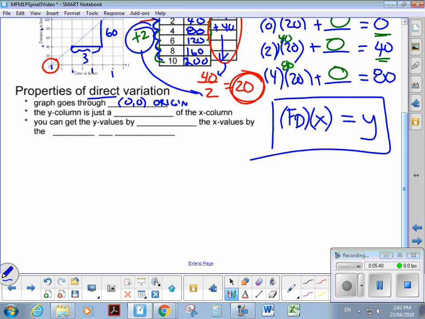The y column is just a multiple. We're just going to multiply by something to get the y value. Multiple, I better spell it right. And you can get the y values by multiplying the x values by the first difference.